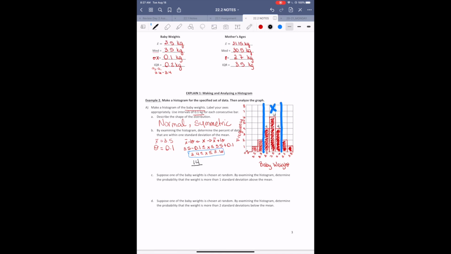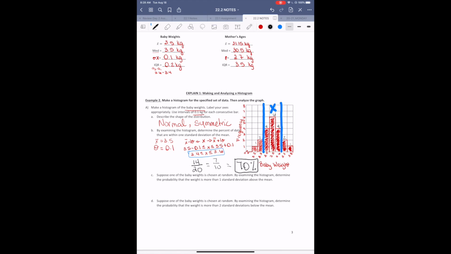Well, 14 out of how many? This is where we look at the entire data set. We know that 14 out of the entire data set is the number of data within 1 standard deviation. So if you recall, or if you add them together, we can even look at that. 6 plus 4 plus 4 plus 2 plus 2 plus 1 plus 1 gives us a total of 20, which means that we have 7 out of 10 data items, which is 70%.